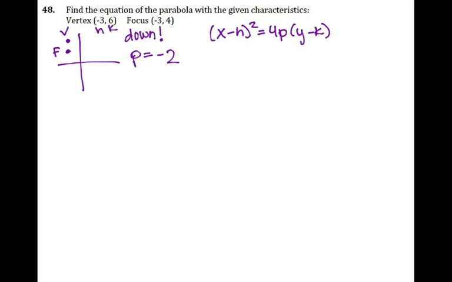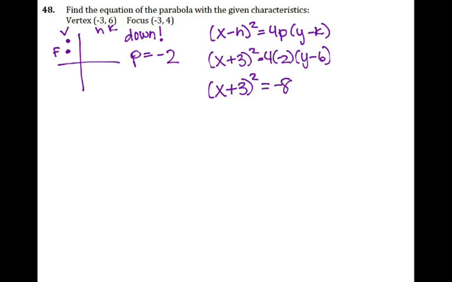So I have x minus -3 equals 4p y minus k. And then 4 times -2 is -8. So x plus 3 squared equals -8 y minus 6. And there's your equation for the parabola.